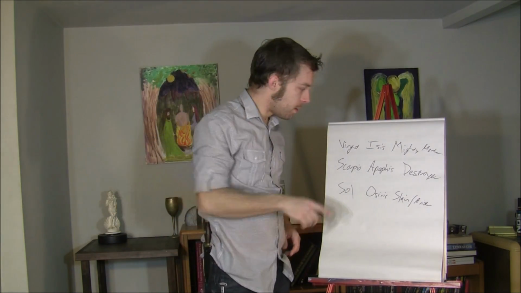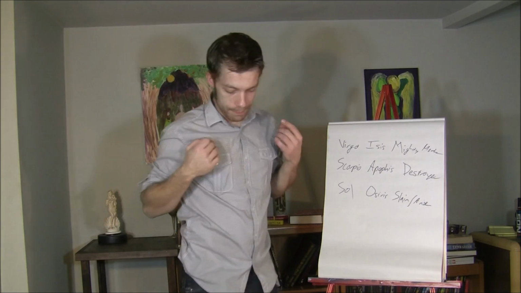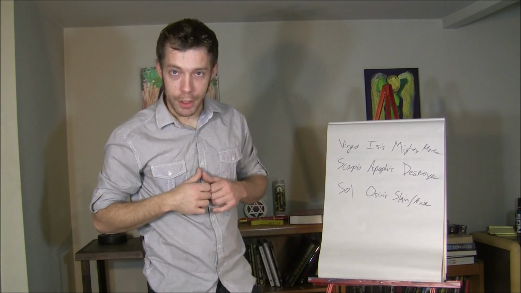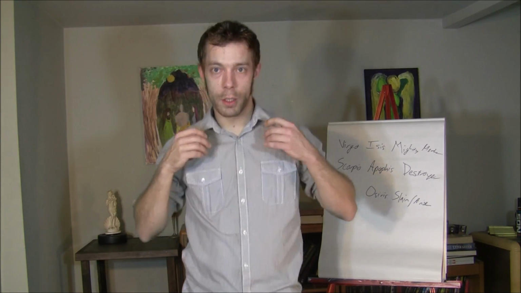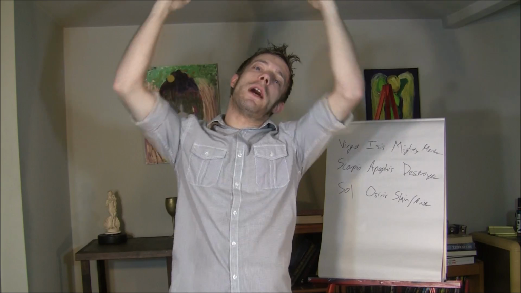And now we look at Isis, Apophis, Osiris, and it makes E-A-O, the Gnostic name of God. So, Virgo, Isis, Mighty Mother, Scorpio, Apophis, Destroyer, Sol, Osiris slain and arisen. And then we raise our hands up to the sky.